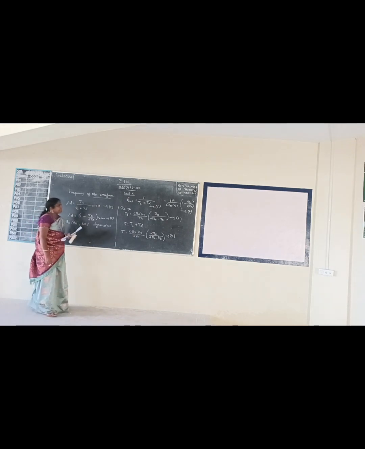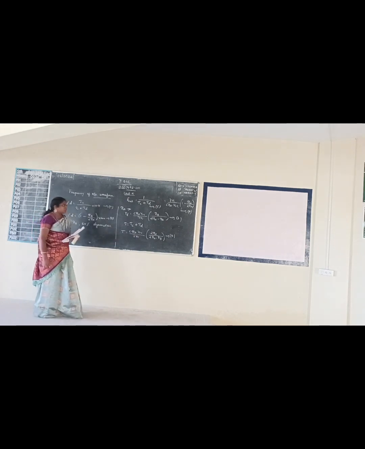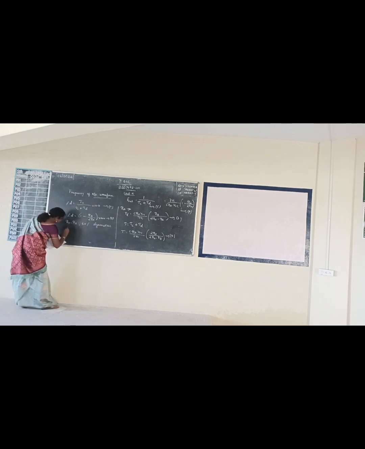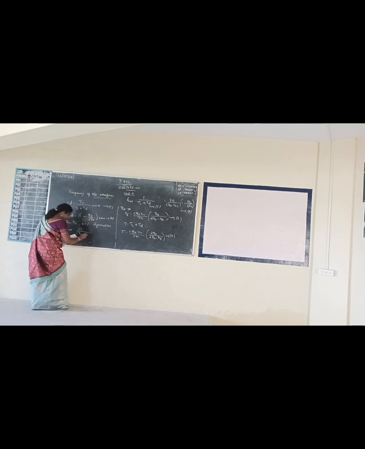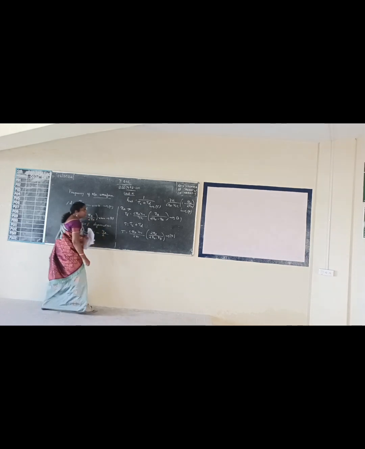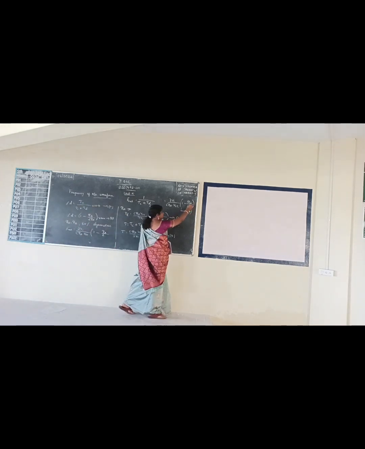Then equation 6 can be written as F out is equal to 3 into VI by C into RA into VCC into 1 minus RB by 2 into RA.